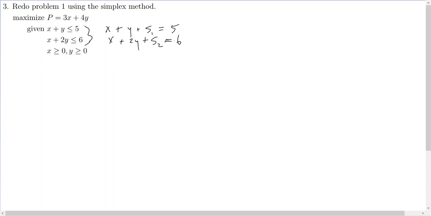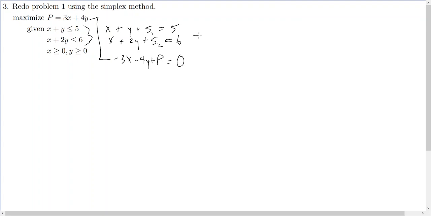Then our third equation is taken from the objective function by rearranging it so that 0 is on the right hand side and getting minus 3x minus 4y plus p on the other side.